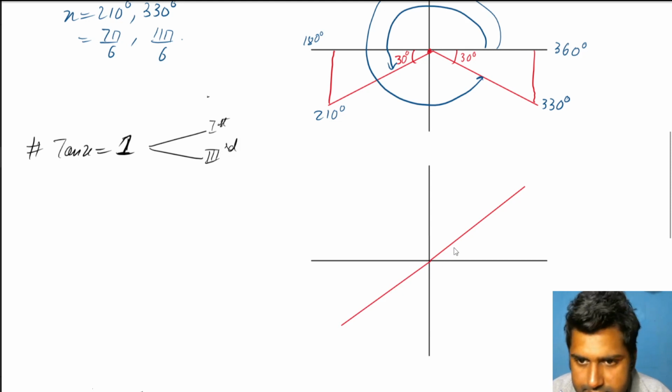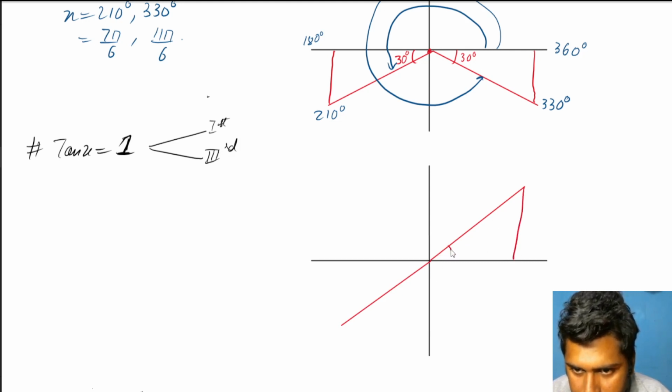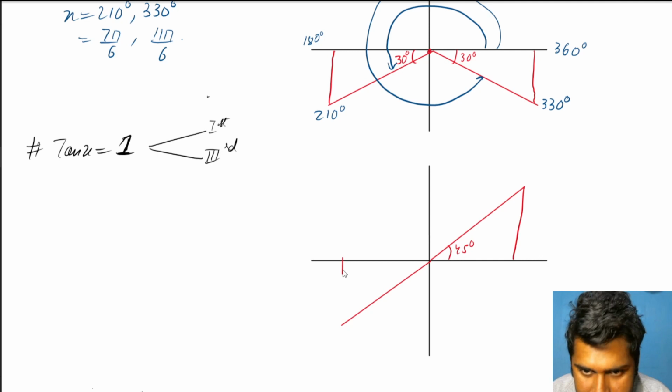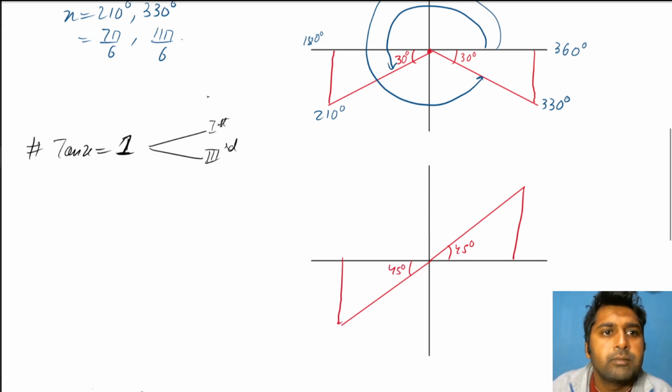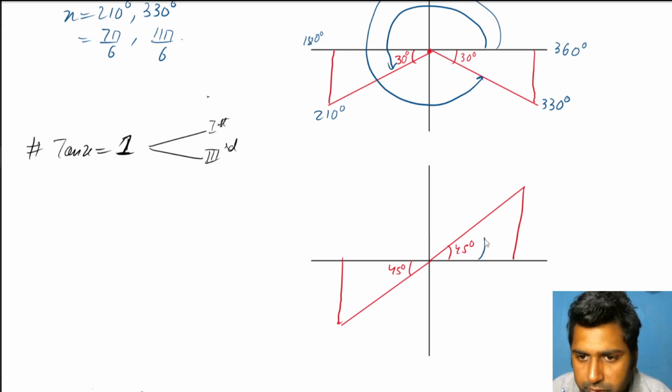So the basic idea is that the triangle will be of 45 degree and this triangle will also be of 45 degree. Now make the measurement using positive x-axis. So this is still 45, no issues.